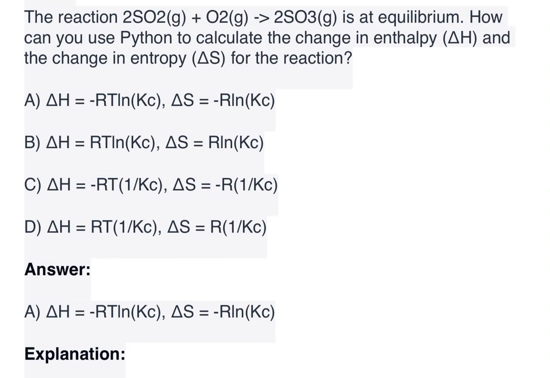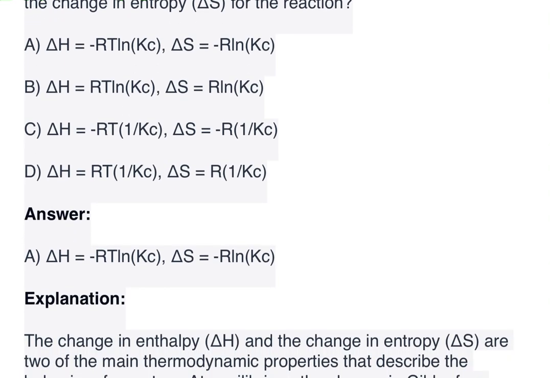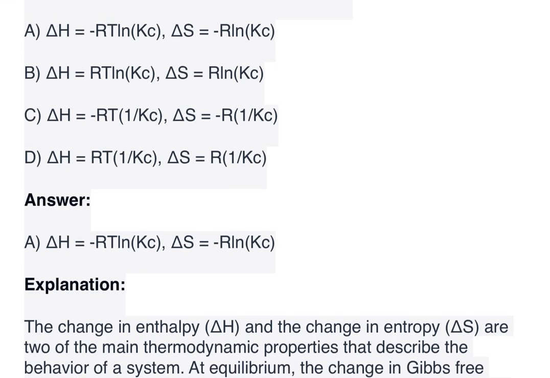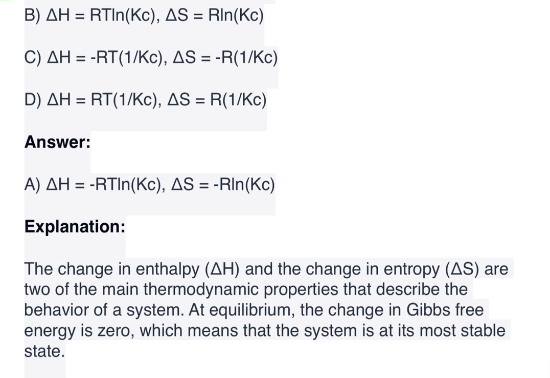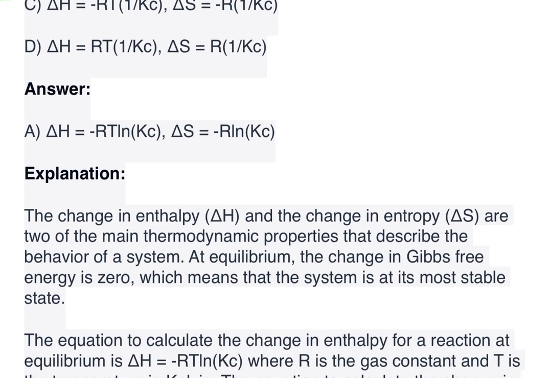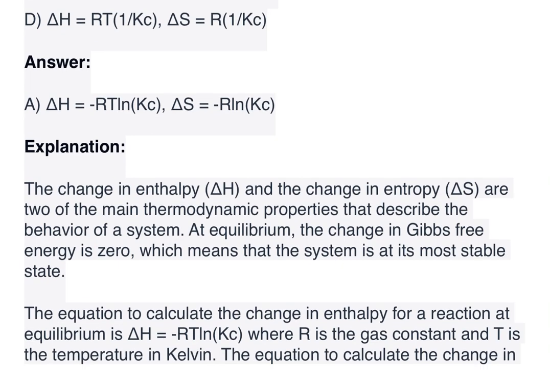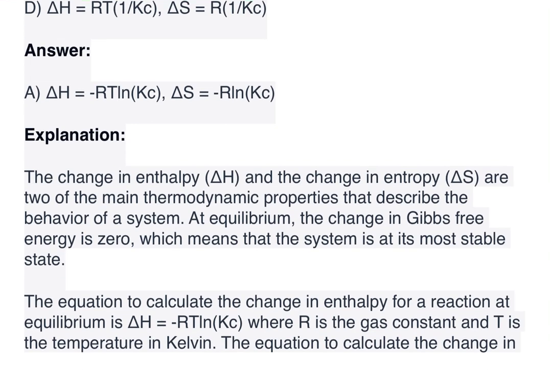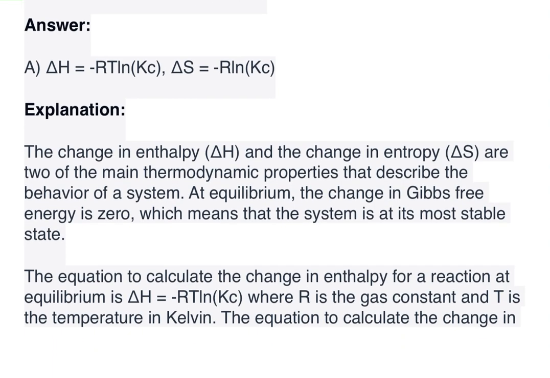B. dH = RT ln Kc, dS = -R ln Kc. C. dH = -RT ln Kc, dS = -R ln Kc. D. dH = RT ln Kc, dS = R ln Kc. Answer: A. dH = -RT ln Kc, dS = R ln Kc.